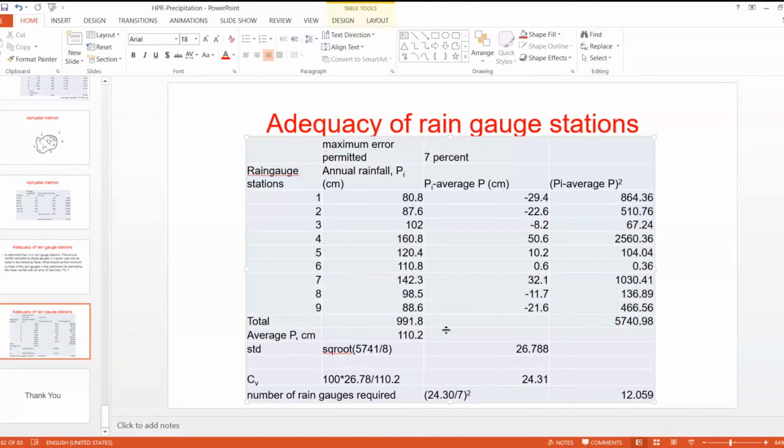Suppose you go for 3 more rain gauge stations, then the variation comes closer, the average rainfall comes closer to this 18.8.